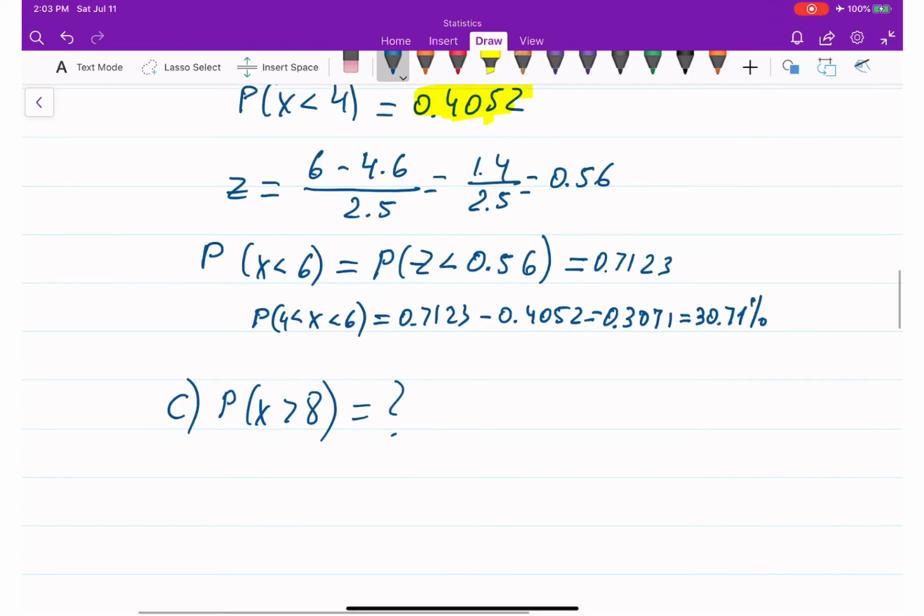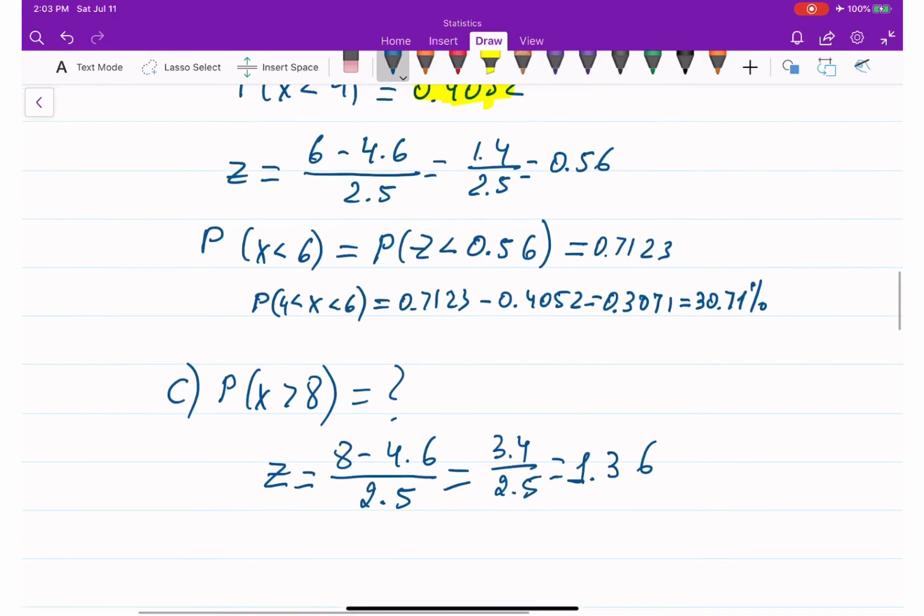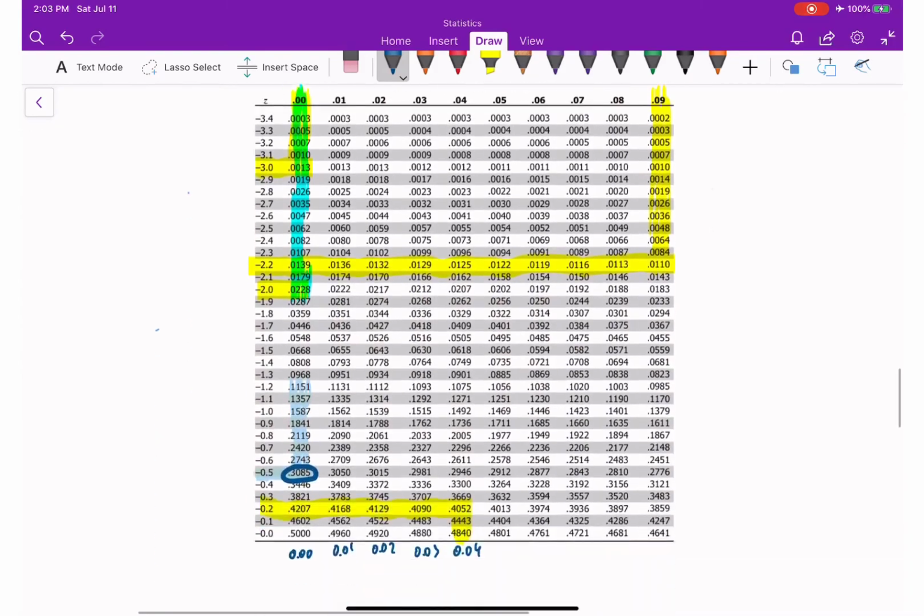So z-score is equal 8 minus 4.6 over 2.5, is equal 8 minus 4.6 is 3.4, and divided by 2.5 is equal 1.36. Again, positive. Okay, so we are moving to positive table, 1.36.